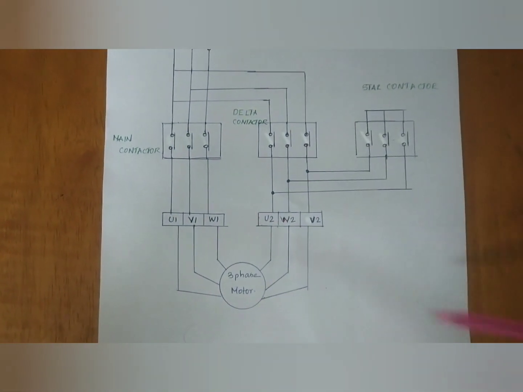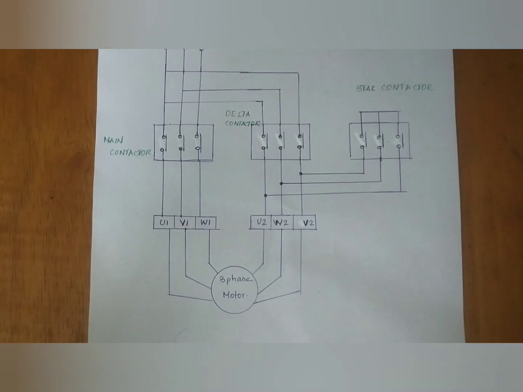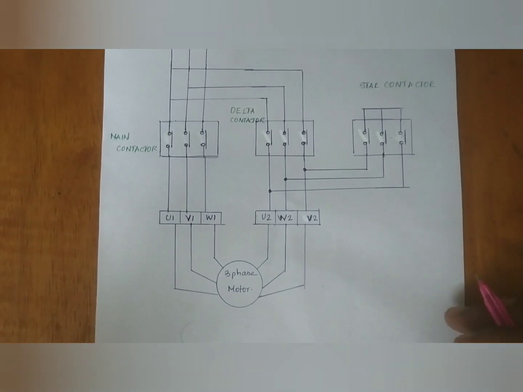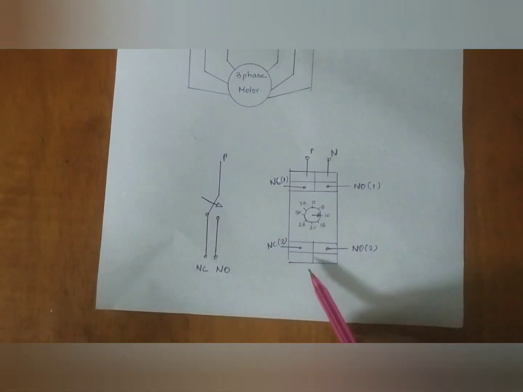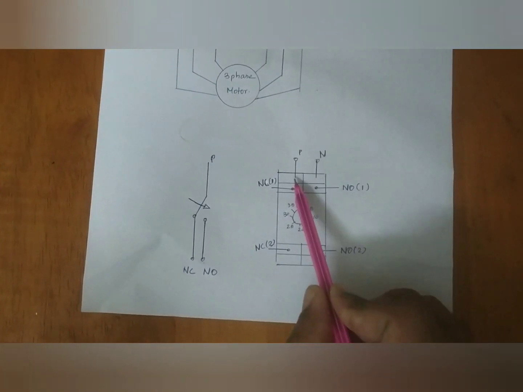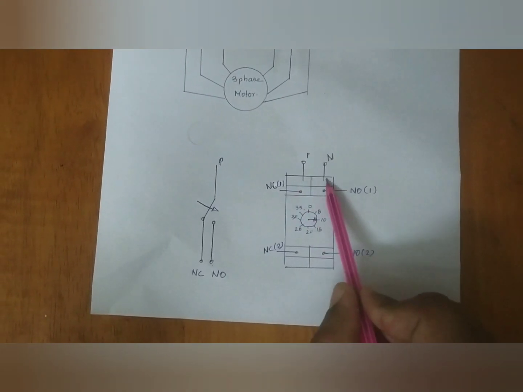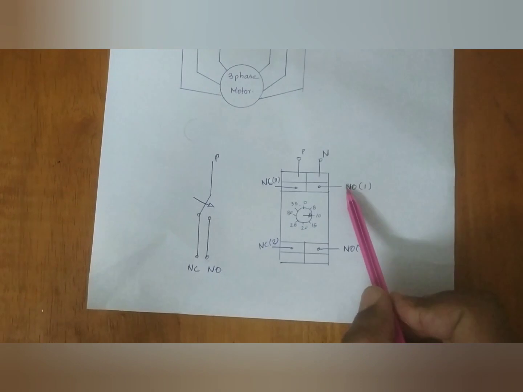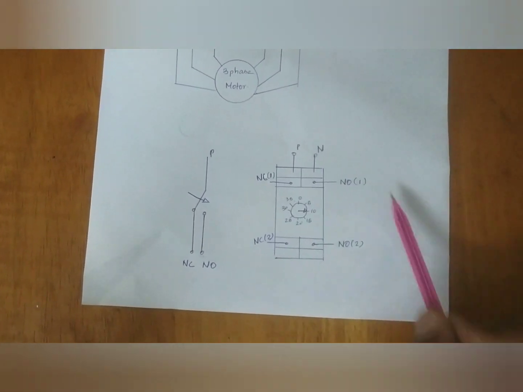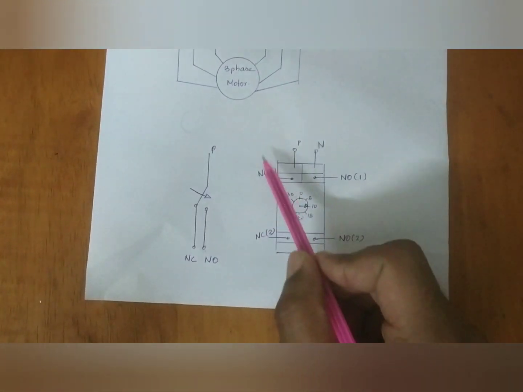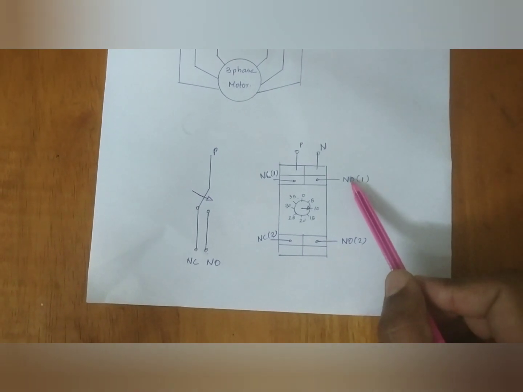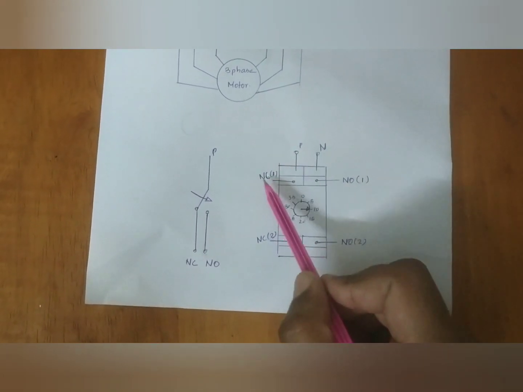Okay, before going in detail about the star delta starter, we need to see what a timer is. A timer will look like this. There are provisions for giving supply voltage and neutral, and as you can see here, there will be two NO connections and two NC connections, which means two normally open contacts and two normally closed contacts.